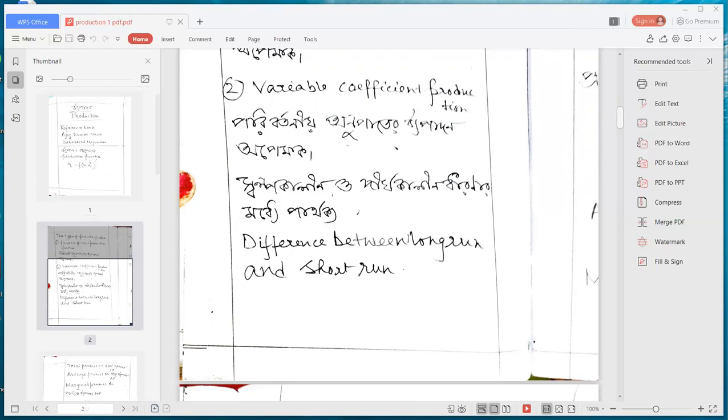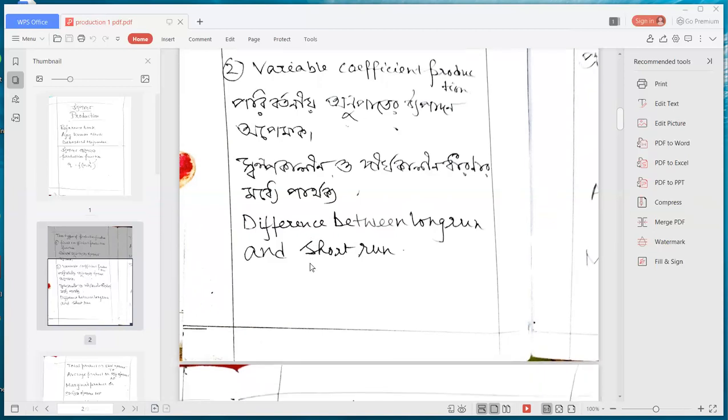But in the long run, there may be 2 or 3 entrepreneurs, 2 or 3 plots of land may be used, and there may be a lot of machines. So in the long run, all the factors of production are variable, and in the short run, some of them are fixed and some are variable.